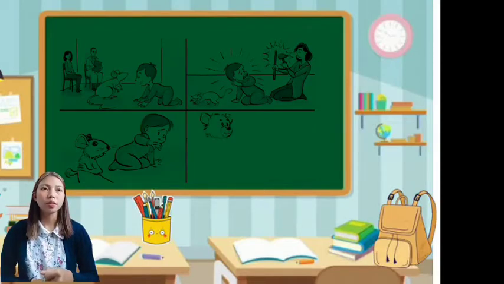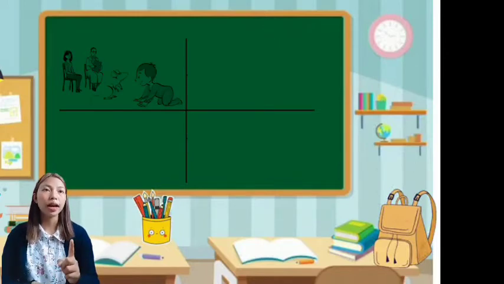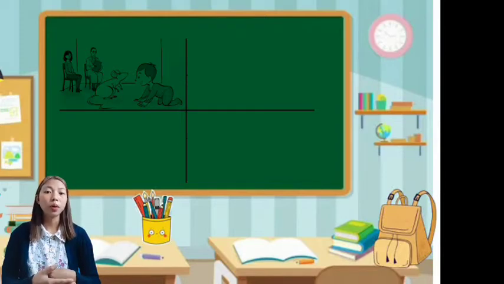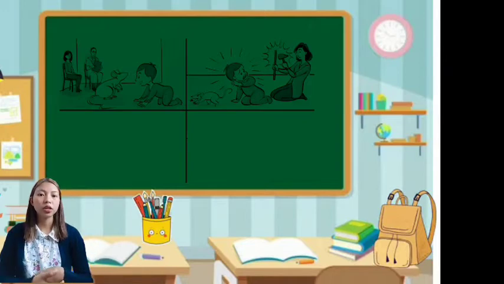To conduct the experiment, Watson and his assistant, Rosalie Rayner, placed the boy in a room where a white rat was allowed to roam around. First, the boy showed no fear. Then Rayner struck a steel bar with a hammer every time Albert reached out to touch the rat, scaring Albert and causing him to cry.